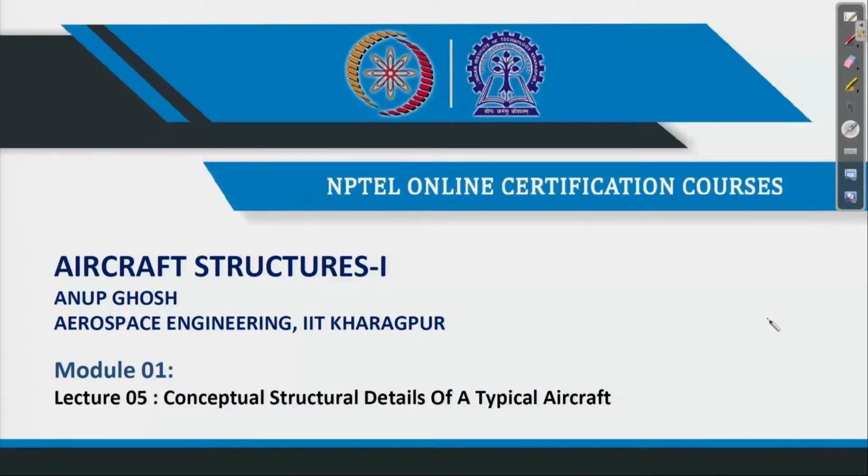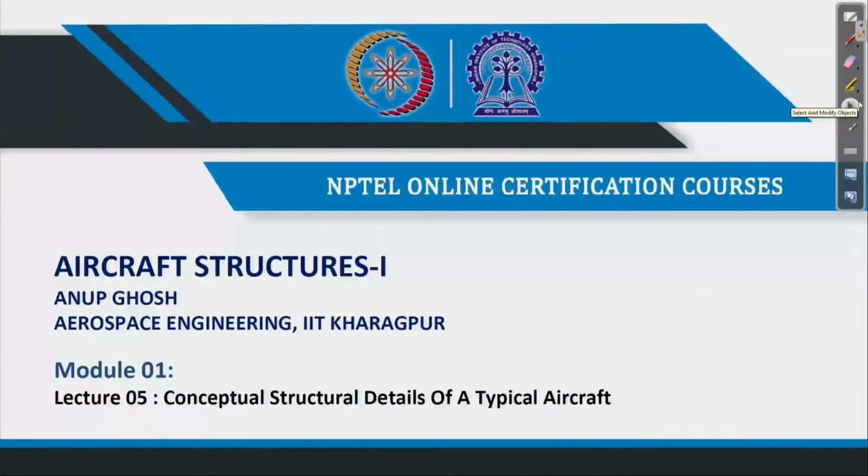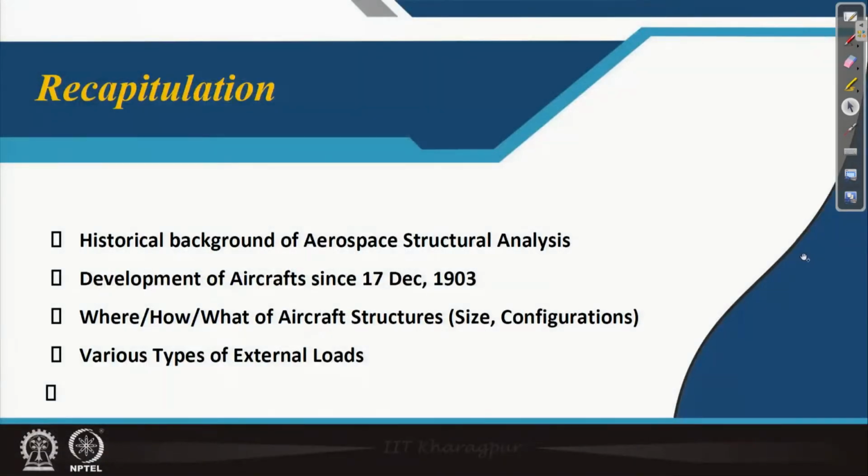In this lecture, we will cover conceptual structural detail of a typical aircraft, and we will continue further for more analysis in the forthcoming week. So, with this week's lecture we will complete the introduction of aircraft structures.